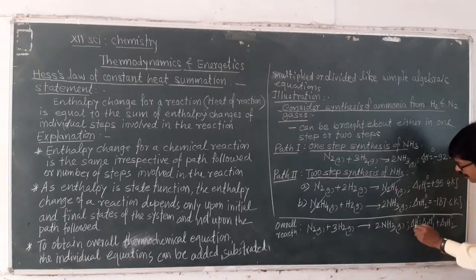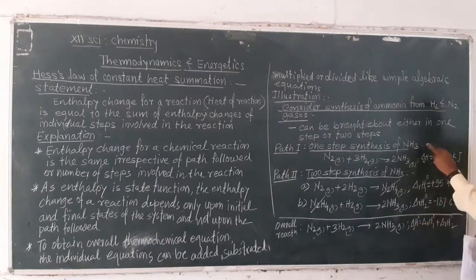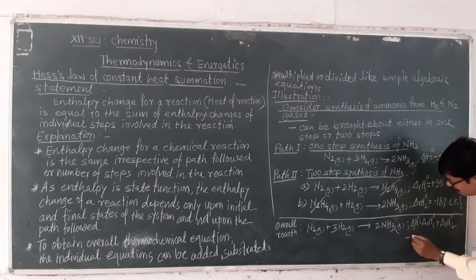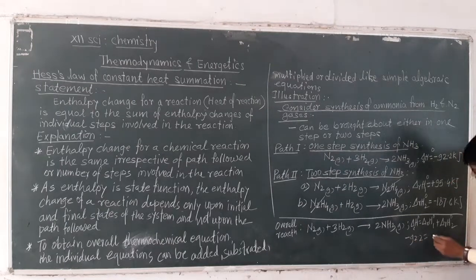Here delta r H naught is minus 92.2, that is equal to plus 95.4 plus, in bracket, minus 187.6.